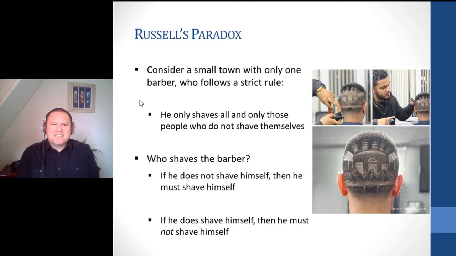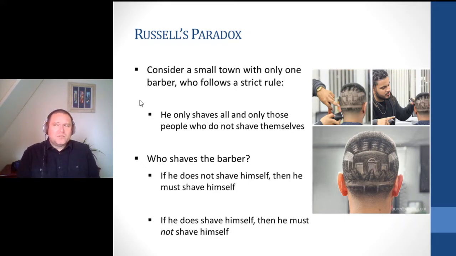We'll say he's a he, just for ease. The barber's strict rule is that the barber shaves all and only those people who don't shave themselves. So the barber will shave anyone, provided that they don't shave themselves. Of course, he shaves everyone, and all and only those people. So, fair enough. But we hit a problem.